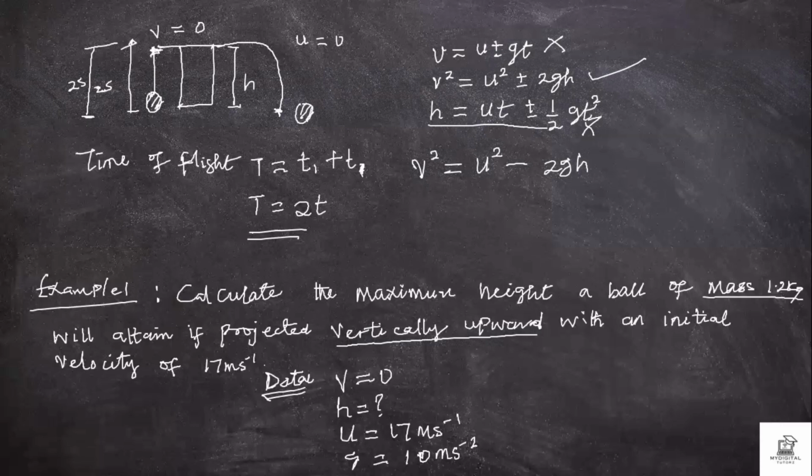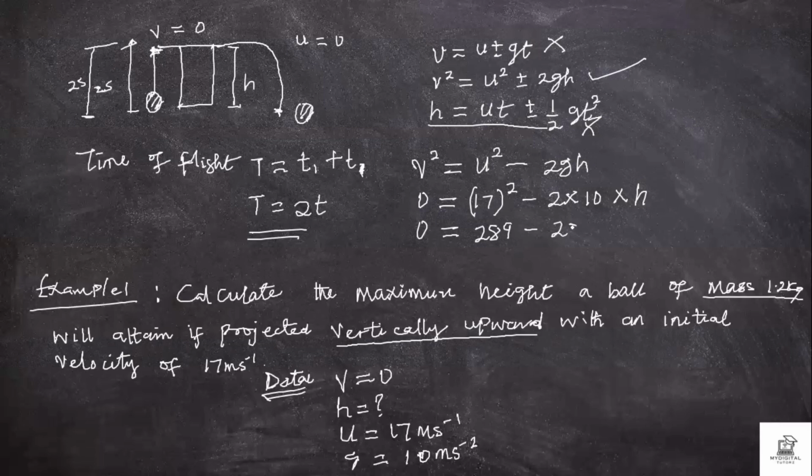So that being said, what is our V? 0 is equal to U, which is given to be 17, squared, minus 2 times G, which is constant, multiplied by H, the height that we are looking for. So what is 17 squared? I have 0 is equal to 17 squared, which gives us 289, minus 2 times 10, that will give us 20 times H, that will be 20H.